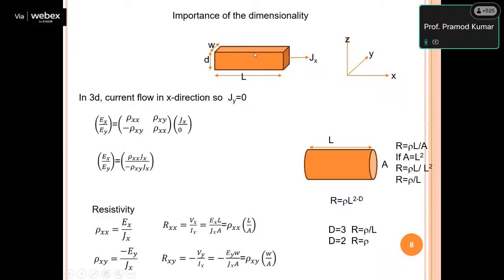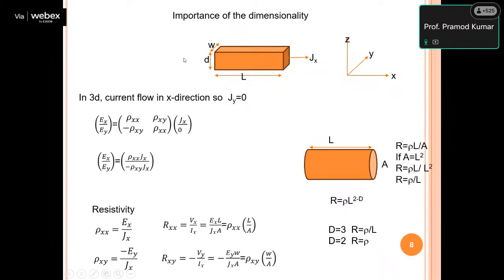So we can easily measure these two electric fields or voltages, as you can say. Because this rho resistivity is a tensor quantity, you can easily write rho xx, rho xy, and rho yx, rho yy. These two components are antisymmetric. Basically, this perpendicular component is always antisymmetric.